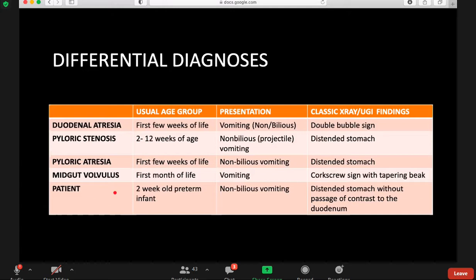They do not start to thicken before birth. And the eventual muscle thickening as it gets thicker daily after birth, the degree of muscle hypertrophy will determine the degree of onset of obstruction. In our patient, it started on the 12th day of life. In most literatures, they say after a week, after 2 weeks. But the clincher here is that the baby starts well, the baby starts feeding well, and then it stops because of the intractable vomiting. So that's a clue.